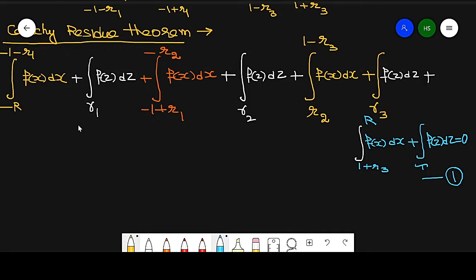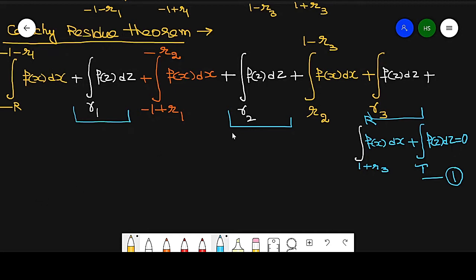My aim is to find the integration around gamma 1, gamma 2 when R1, R2 approach 0, and gamma 3, and then the fourth integration around tau when R approaches infinity.